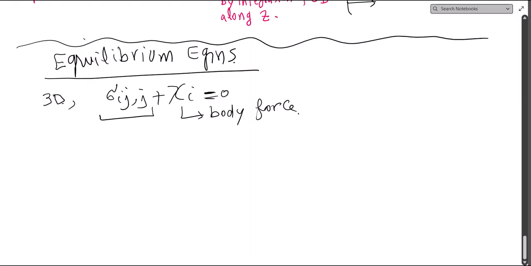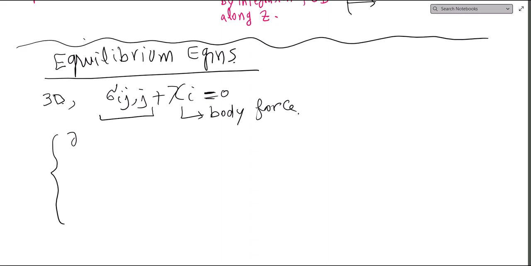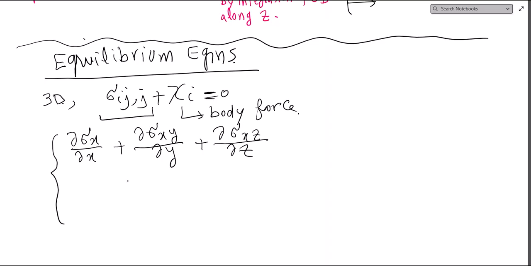If you expand on this, you get something like this, and I will drop the indices for repeated indices here. And similarly for y, and I also use the symmetry here, so sigma yx is equal to sigma xy.